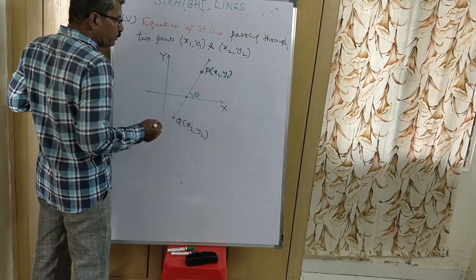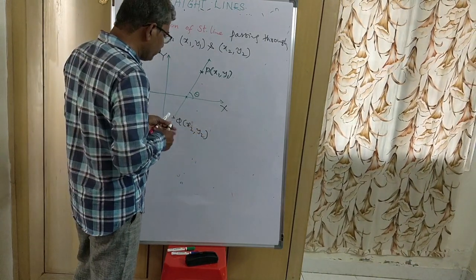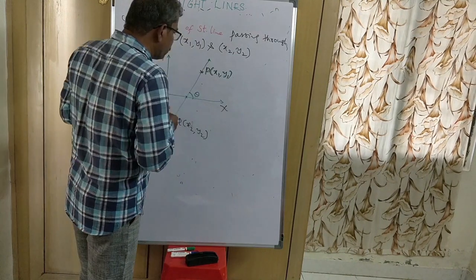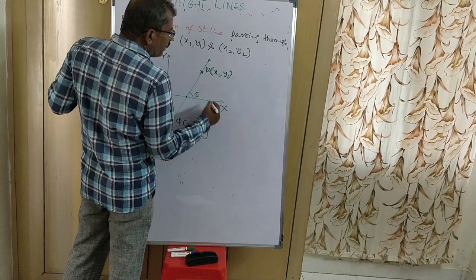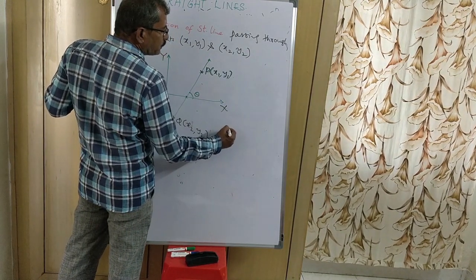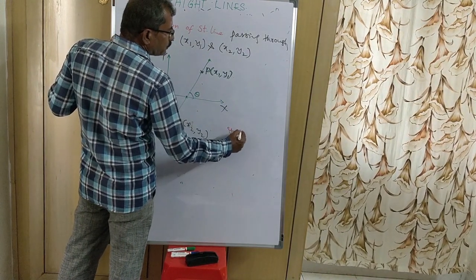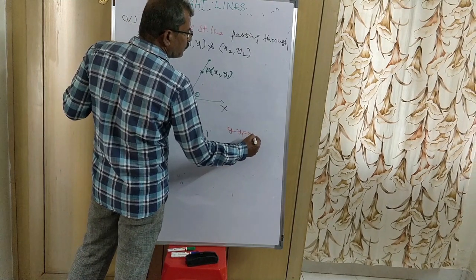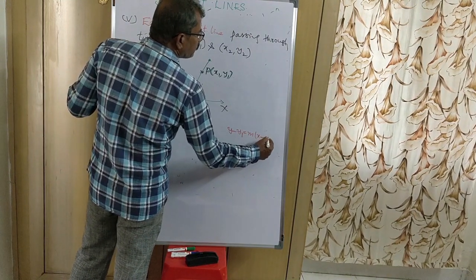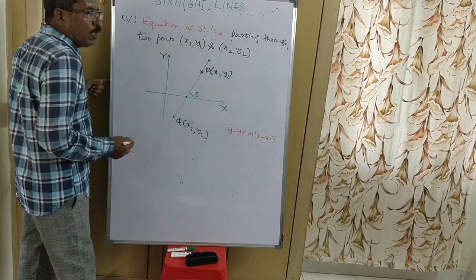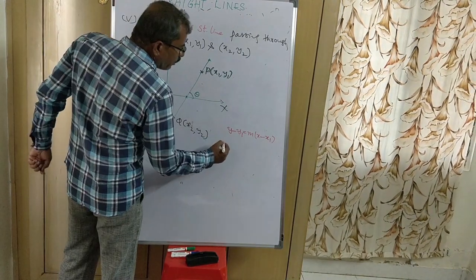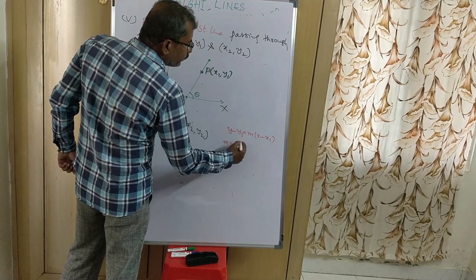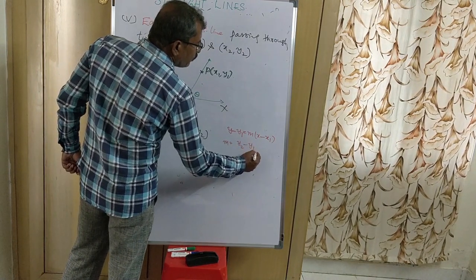Right. Now my equation is, if it passes through one point, y minus y1 is equal to m into x minus x1. What is the slope m if two points are known? m is equal to y2 minus y1 by x2 minus x1.